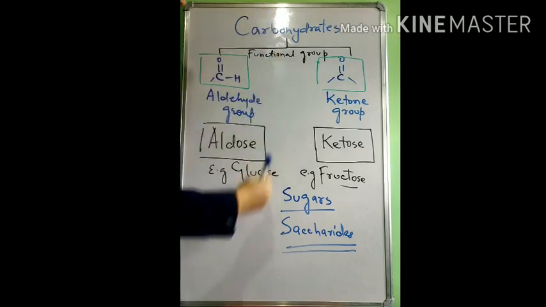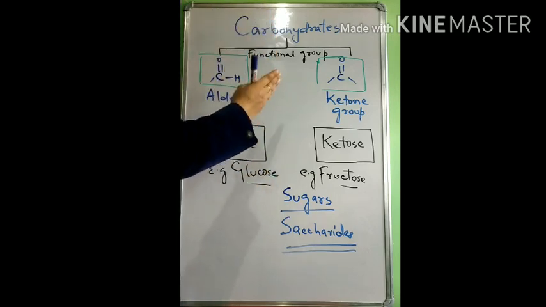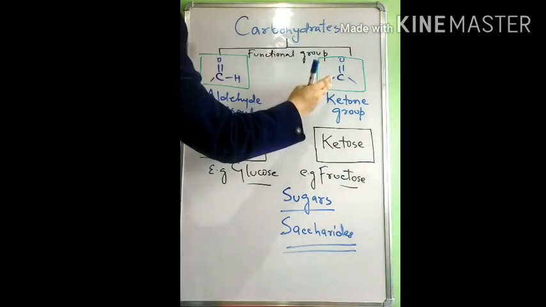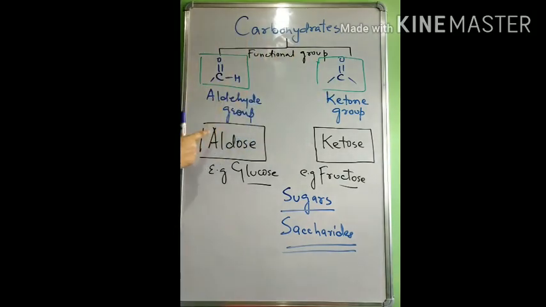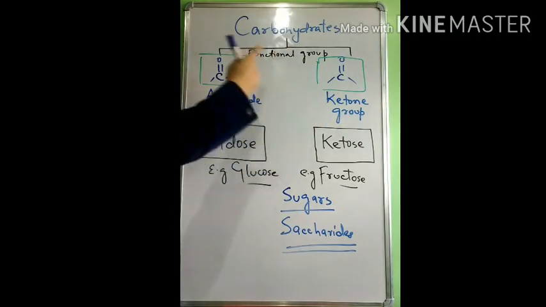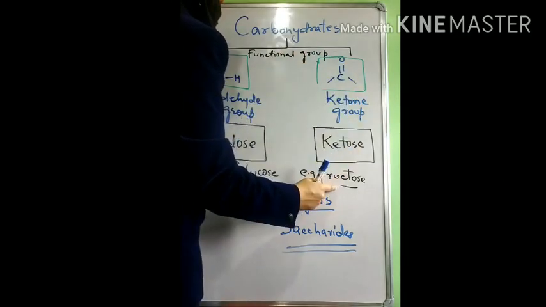But this is the basic classification of carbohydrates, and basically carbohydrates differ from one another in terms of the functional group, and you will only find these main functional groups, aldehydic group and ketonic group. This category is called aldose, and that category is called ketose. One representative from aldose is glucose. One representative from ketose is fructose.